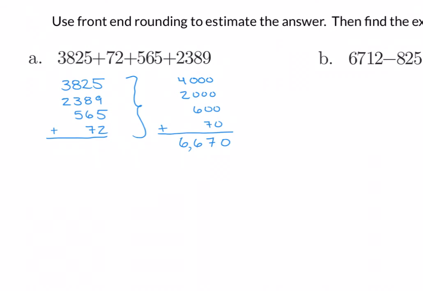Starting on the right, I get 9 and 2 is 11, 5 and 5 is 10, and 11 plus 10 is 21.